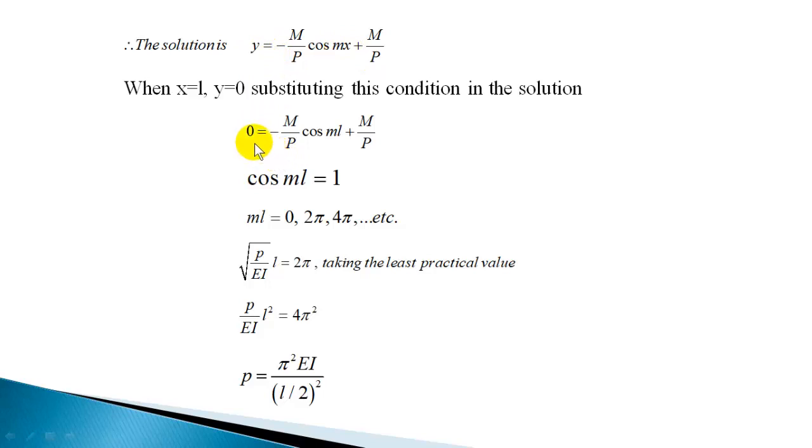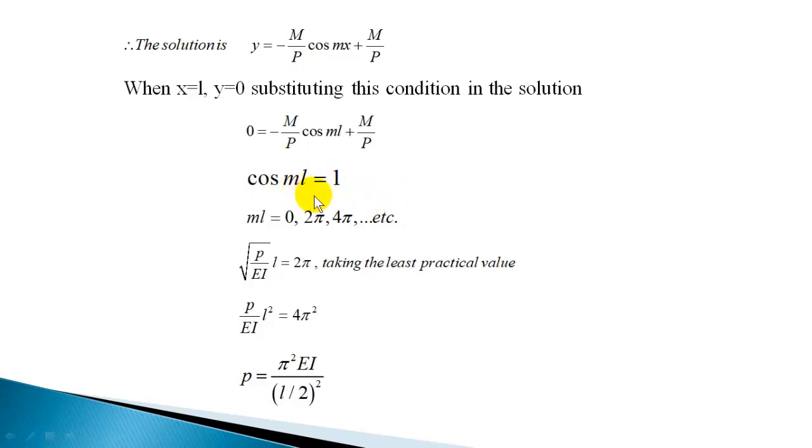So you get 0 is equal to minus m by p cos mL plus m by p, or dividing by m by p you will get minus cos mL plus 1 is 0, or cos mL is equal to 1.